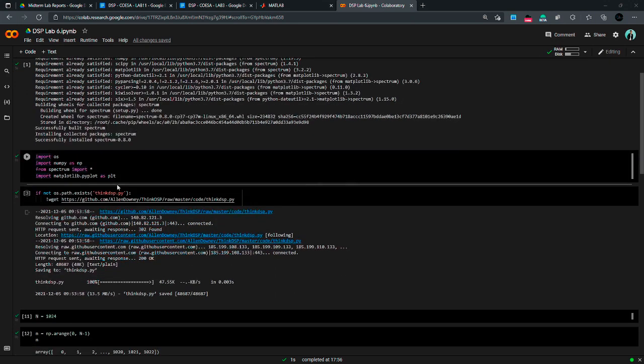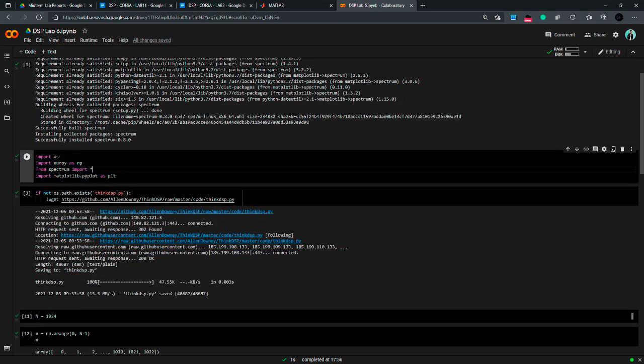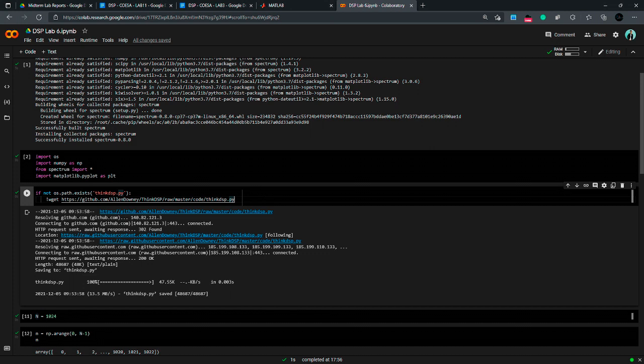Then we will import the necessary libraries: OS, NumPy, Spectrum again, and matplotlib.pyplot for our visualization. Next we locate our OS path, which is thinkdsp.python, a GitHub repository by Allen Downey, who also coincidentally has a book about DSP for Python.